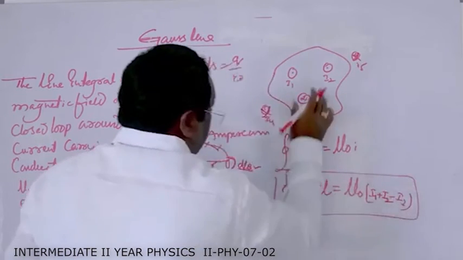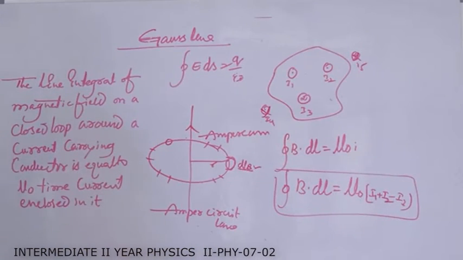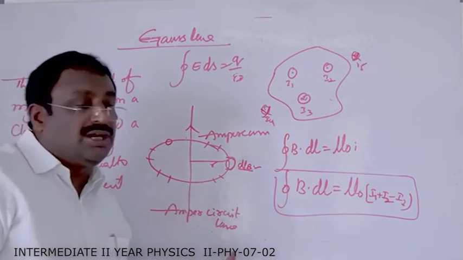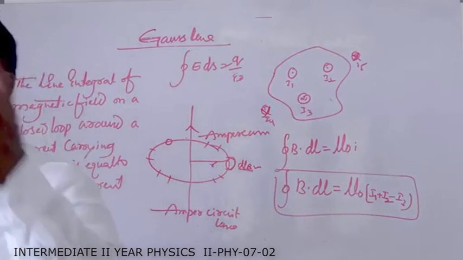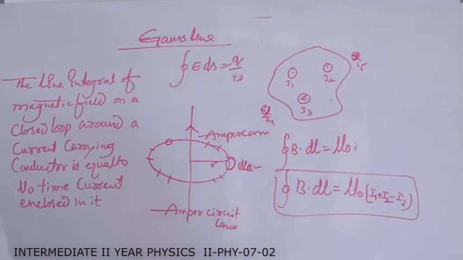So magnetic field on this closed surface. By using this Ampere's circuital law, we can estimate the magnetic field in other magnetic field sources. They are solenoid and toroid.